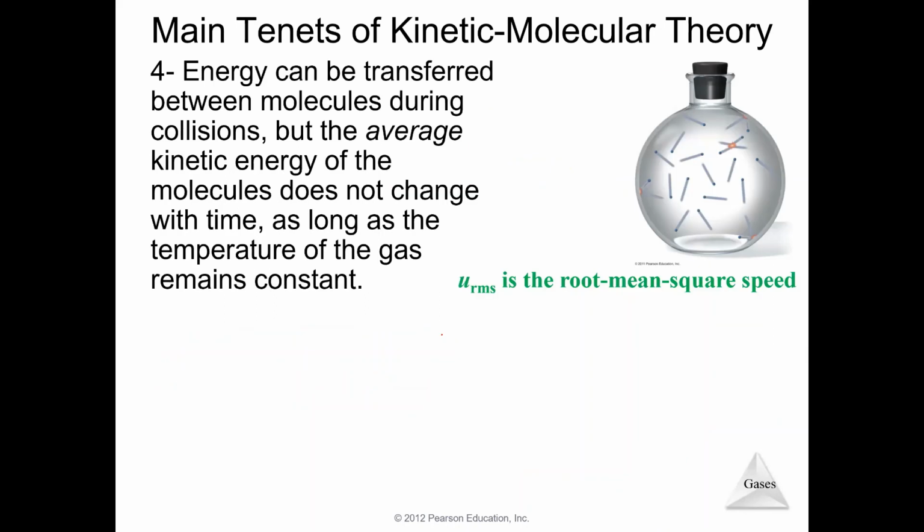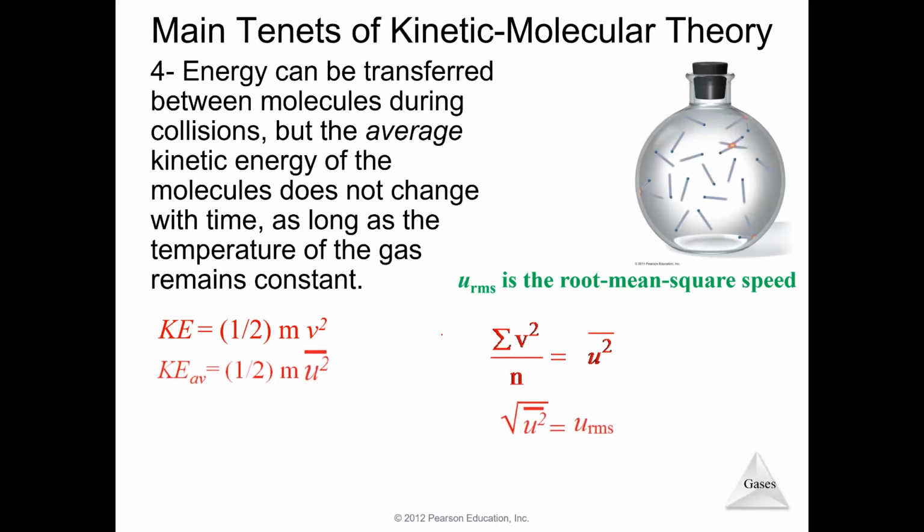And this is not something for you to memorize, but your textbook doesn't show how they derive that equation. So I just thought it would be nice for those of you who are interested to see that. This is based on the kinetic energy, remember, because these gas particles are in continuous motion. And there is such a thing, I call it the RMS speed of gas particles, and that's how it's been calculated.